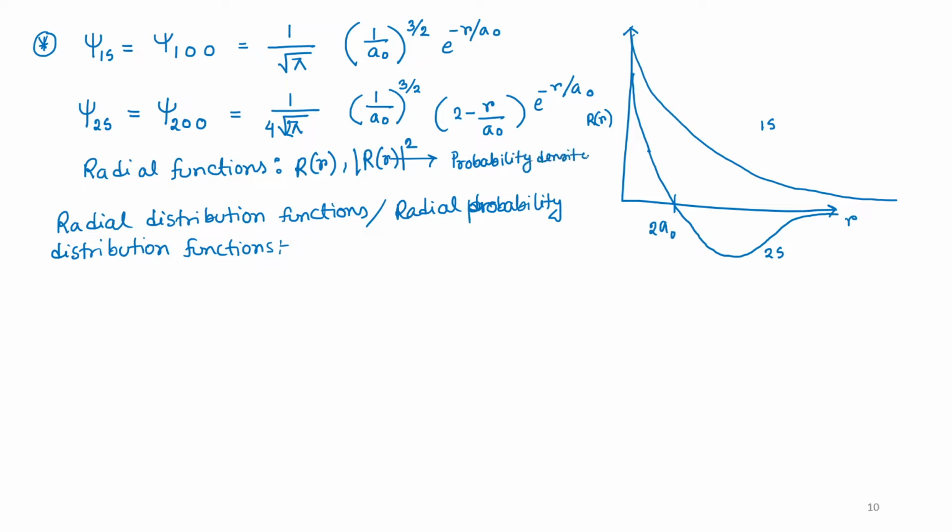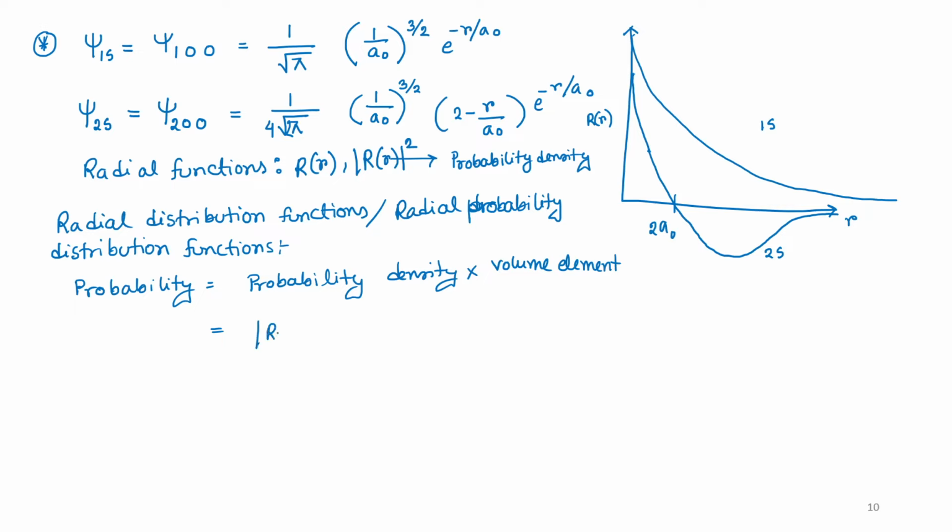When will you get the probability? When you multiply this thing with your volume element. So probability will be probability density multiplied by the volume element, that is your d tau, and the square integrated over all space.